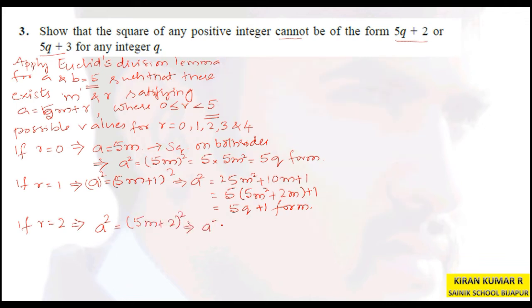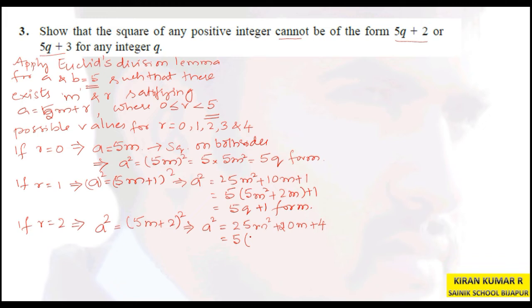Further expand, we will be getting a square equal to 25m square plus 20m plus 4. 5 common in the first two terms.